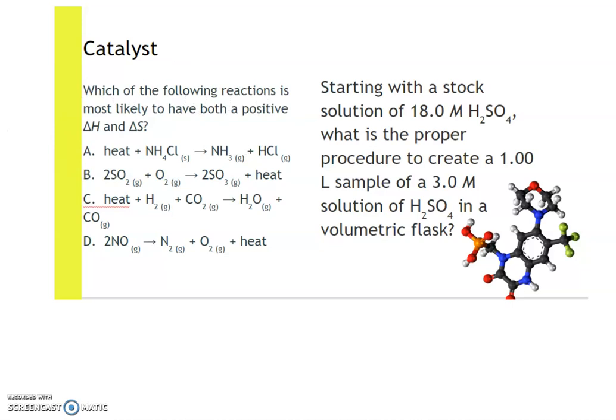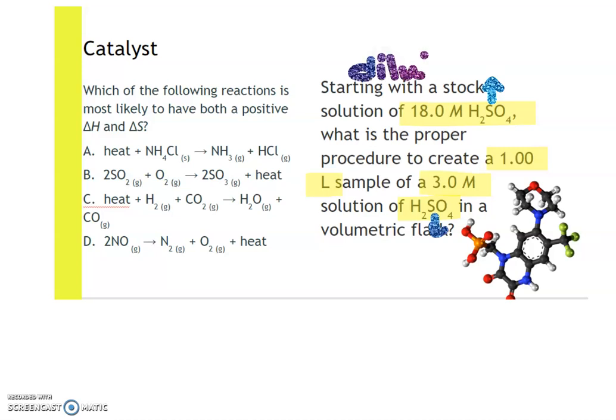Here it looks like we have an 18 molar sulfuric acid solution. We want to make 1 liter of the same solution but at 3 molar. So we're going from a very high concentration to a lower concentration. So this is a dilution question.